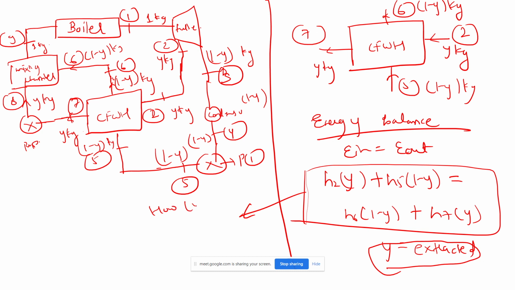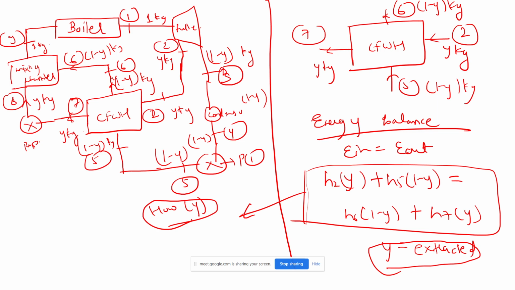That's all I think they will ask. Till date they have asked 7 or 8 questions in GATE on feed water regeneration, all of them on open feed water heating only. So we'll do those problems only.